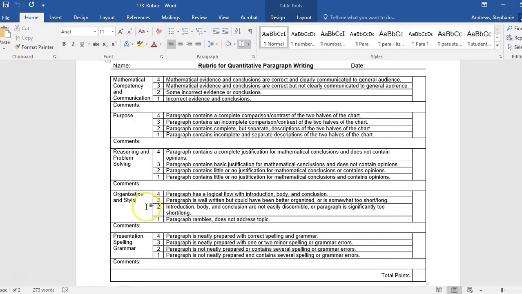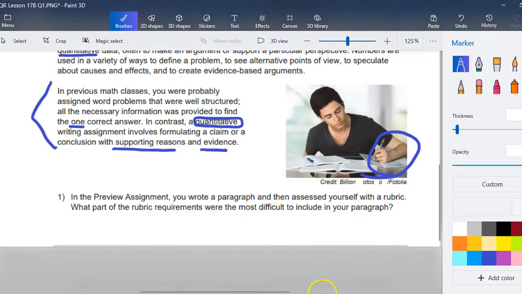Paragraph has a logical flow with an introduction, a body, and conclusion, or at least a logical flow. And then the paragraph is neatly prepared with correct spelling and grammar. So this is where you need to hit pause and write down your comments on how that went for you on your writing assignment.